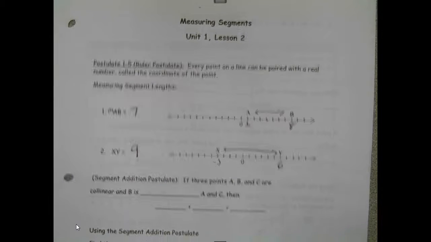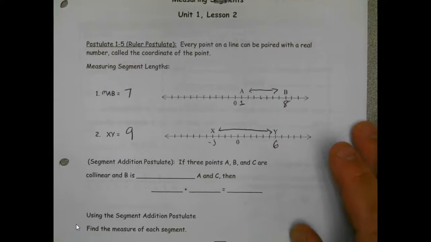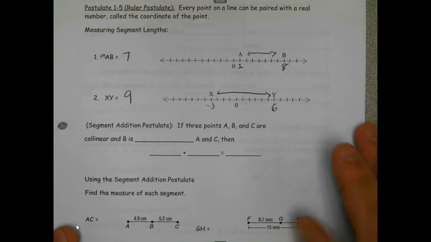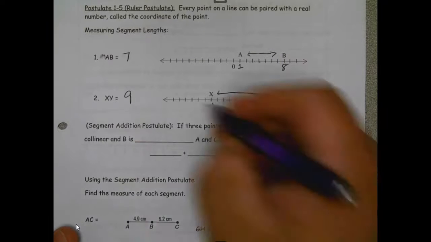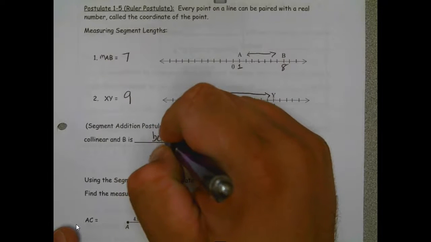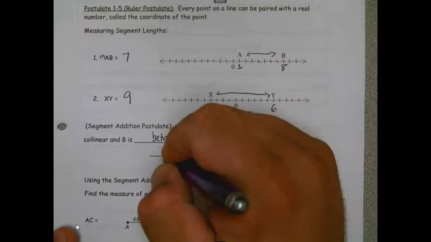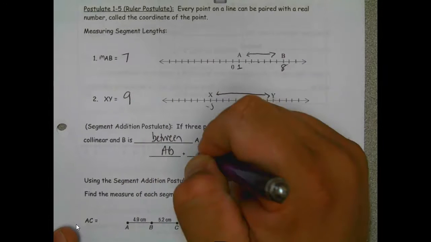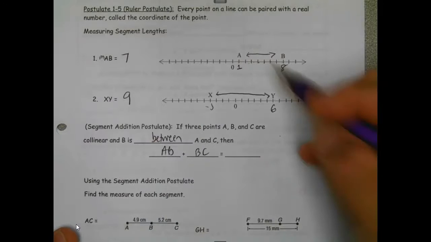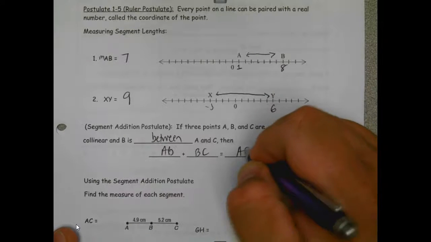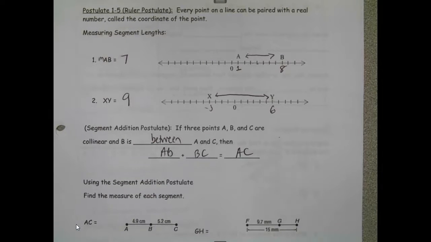So what we use this for is the segment addition postulate. If 3 points A, B, and C are collinear and B is between A and C, then the length of AB plus the length of BC is equal to the length of AC. And so let's apply this really fast.